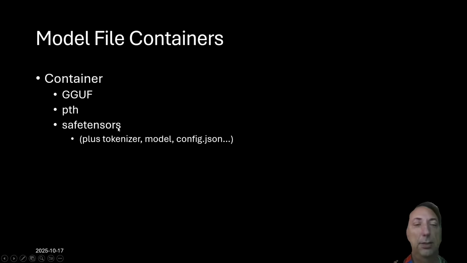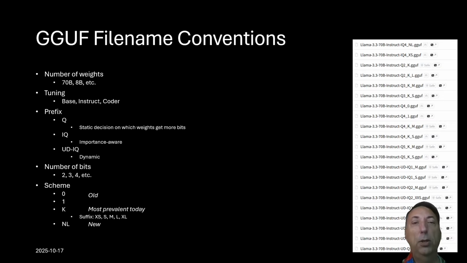And then finally, there's the Safetensors format, which is very annoying because it has all these extra little files that have to come along with it. So when you go to Hugging Face and you go to download some of these models, you can see there are quite a number of options.